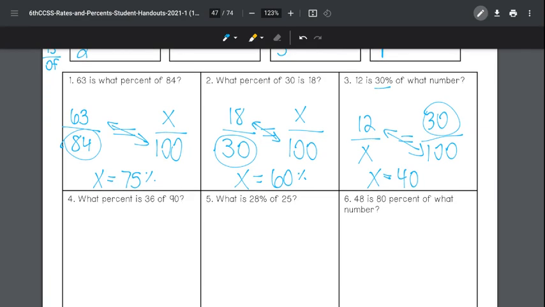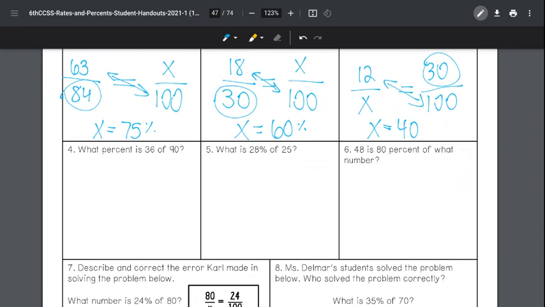Number 4, what percent is 36 of 90? So 36 is of 90. We're looking to see what percent that is, but we always know our percent goes over the number 100.